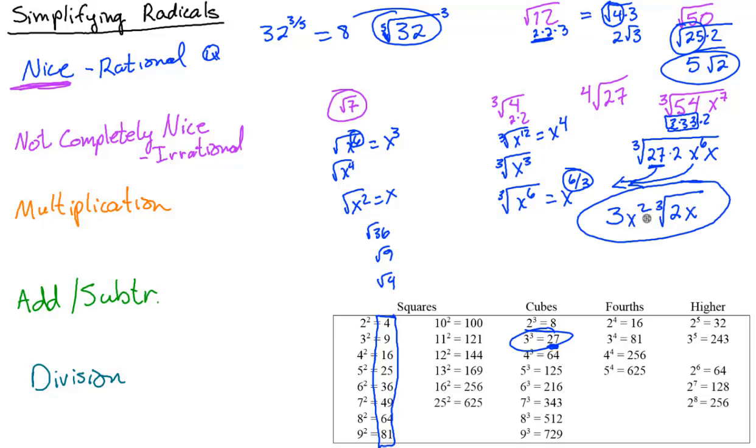It doesn't look simplified, but the reason it is, everything that can be made into a nice number has come out, and those that remain in radical notation have to remain there. And this is all just multiplied together, sitting next to each other. That's kind of cool. That's how you simplify these irrational numbers to be as rational, or as close to rational, or have as many rational components as humanly possible.